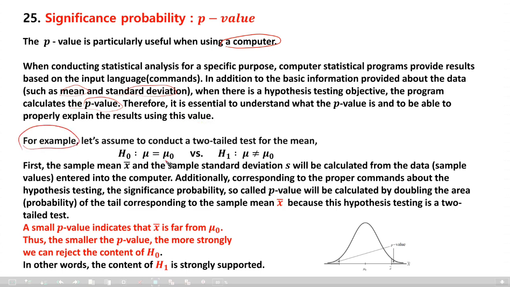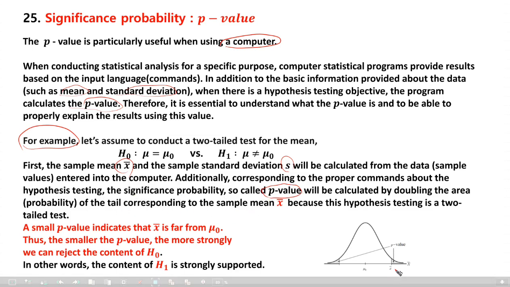For example, it is a standard example. Mu is equal to mu 0 versus h1. Mu is not equal to mu 0. Sample mean x bar and the standard deviation s will be calculated from the data, input data. Additionally, corresponding to the proper comment about the hypothesis testing, the significance probability, so-called p-value, will be calculated by doubling the area of tail corresponding to the sample mean x bar, something like this.